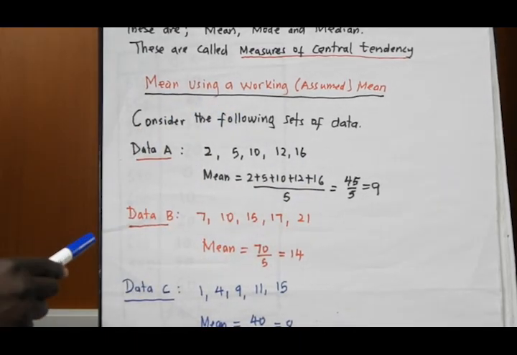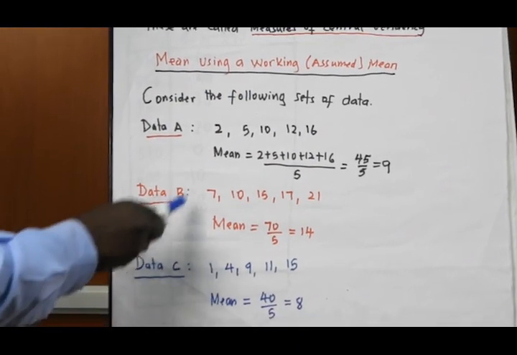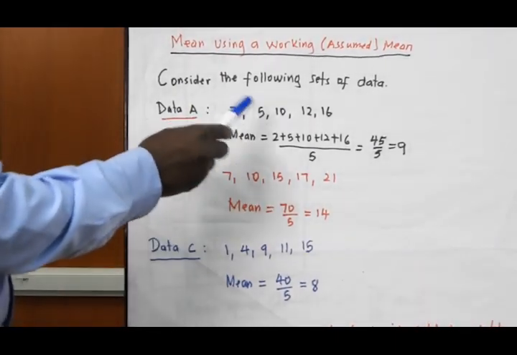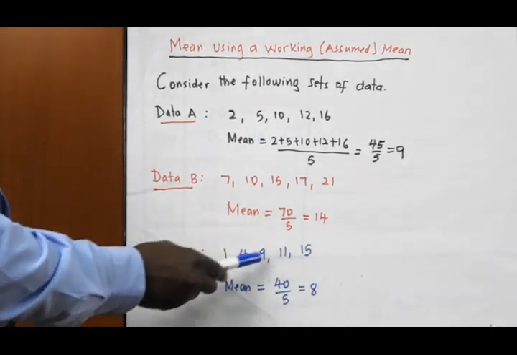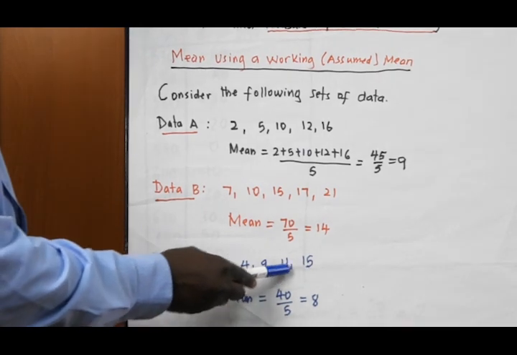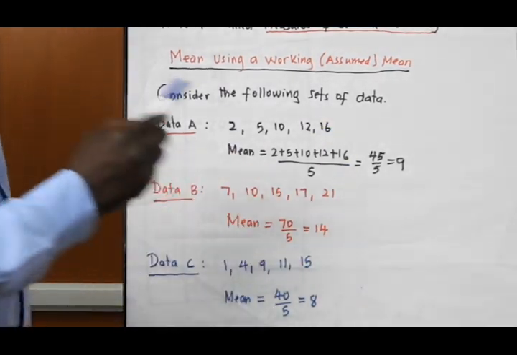That's data B. Data C is also gotten from data A by subtracting 1. So 2 minus 1 is 1, 5 minus 1 is 4, 10 minus 1 is 9, 12 minus 1 is 11, 16 minus 1 is 15.